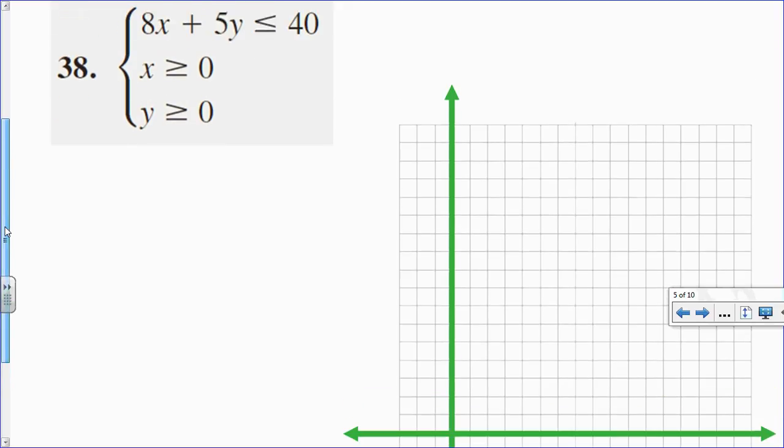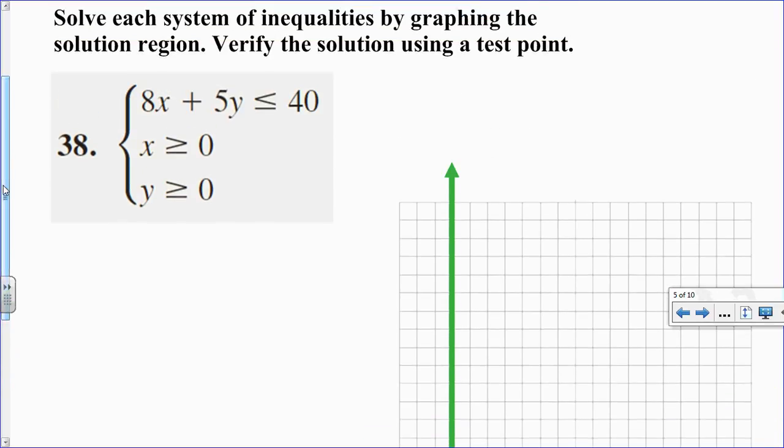Remember that x greater than or equal to 0, x equals something, is a vertical line. So this is my y-axis. I know that seems weird because it's x, but that's what gives us the equations of vertical lines. So that's my y-axis. This is my x-axis.